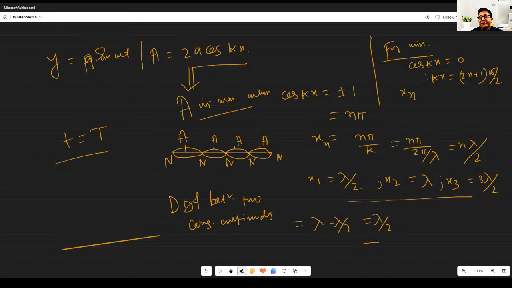So x dashed I am writing (2n plus 1) pi by 2 by k. k is what? 2 pi by lambda. So this will be (2n plus 1) by 4 into lambda. Okay?